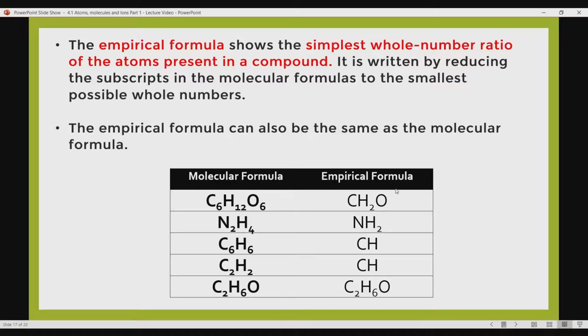From molecular to empirical. Now, this is an example of the second point that I am telling. The empirical formula can also be the same as the molecular. C2H6O is C2H6O rin. Okay? So, there are possible ways. There are instances na same si molecular at empirical. Bakit same?